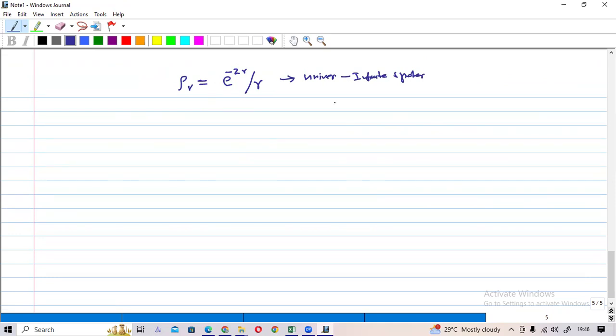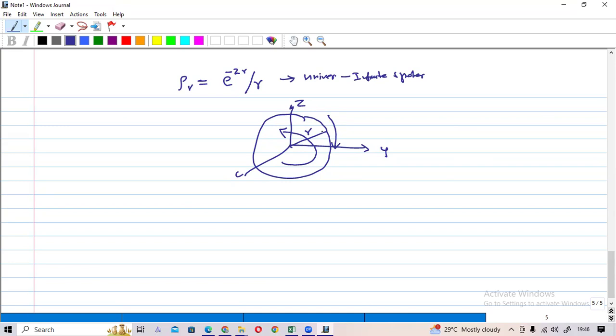If you consider an infinite sphere like this, there is r, theta is in this direction, and 5 is in this direction. This is y, this is x, and this is z. So theta is in the ZY plane, and 5 is in the XY plane.